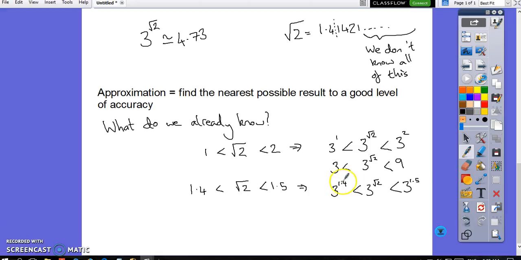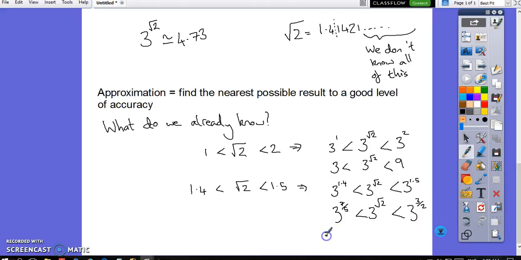And as we know, 1.4 can be converted into a fraction. So this one is 5/5 and 0.4 is 2/5. So we have 3 to the power of 7/5 and 3 to the power of 3 over 2.